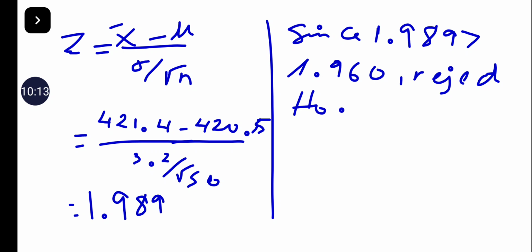And when we reject H0, it simply implies that there is evidence that at 5% significance level, the mean quantity of honey per jar must have changed. Okay, thank you. But we'll look at another example, the second example.